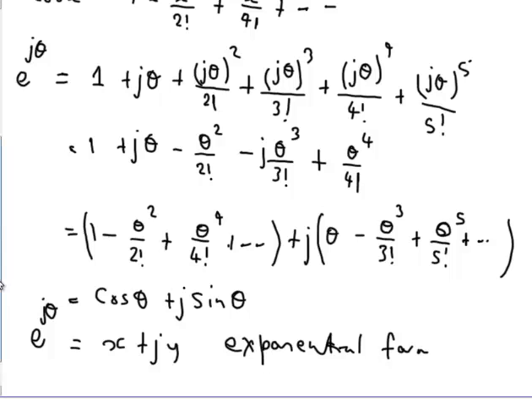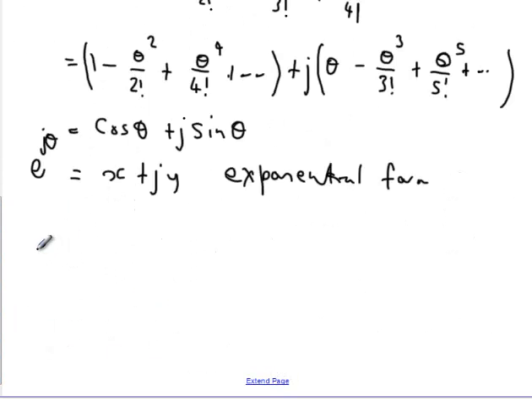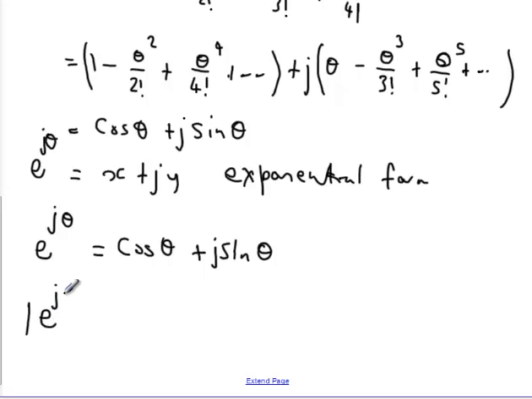Can you please quickly calculate it? What is the modulus of this number? This number is e to the power j theta. This is equal to cos theta plus j sine theta. What is the modulus of this number?